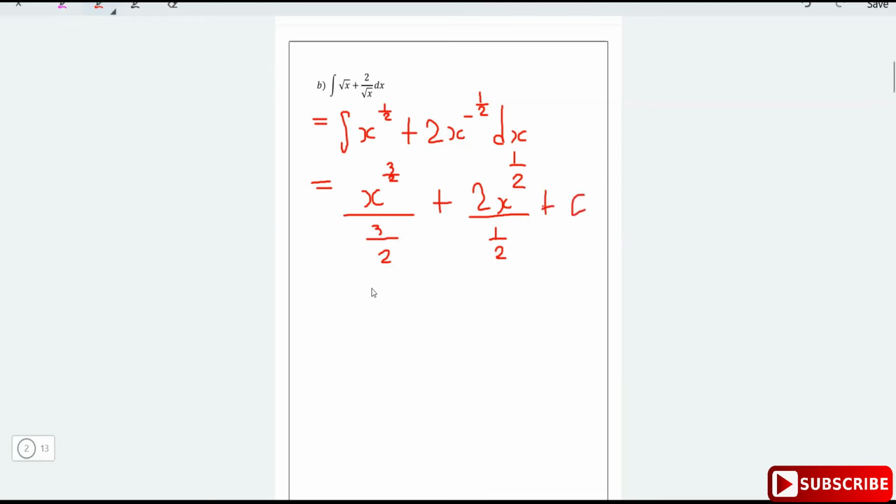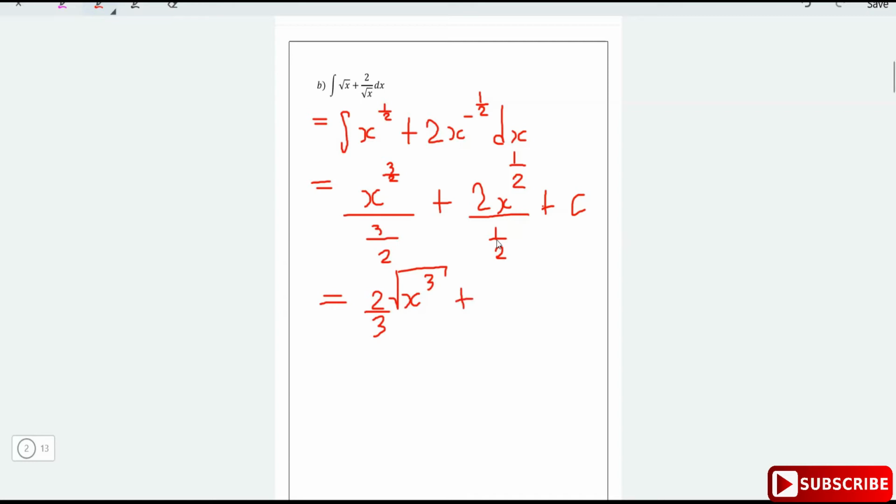But then of course we know we need to add our constant of integration, so put plus c. So what we're going to get is 1 divided by 3 over 2, which is 2 over 3. Then x to the 3 over 2 can be written as x cubed square rooted. Then this part is now plus 2 divided by a half.